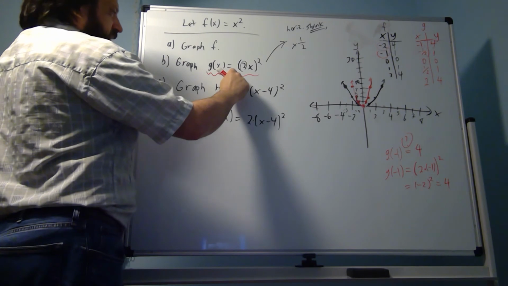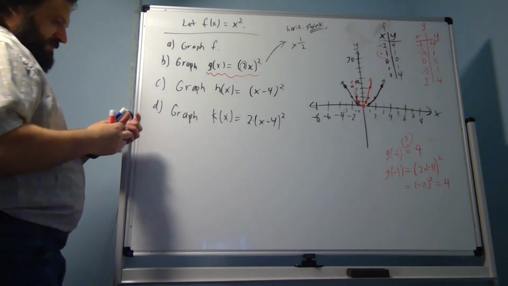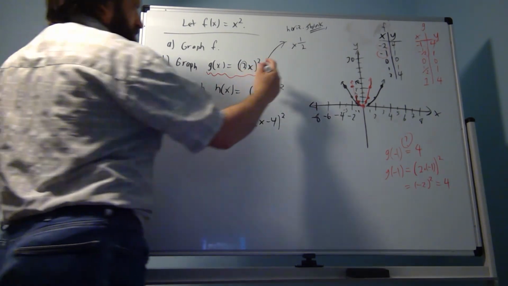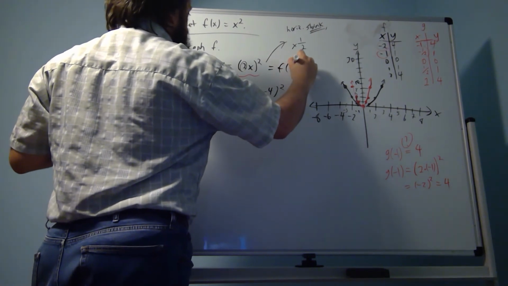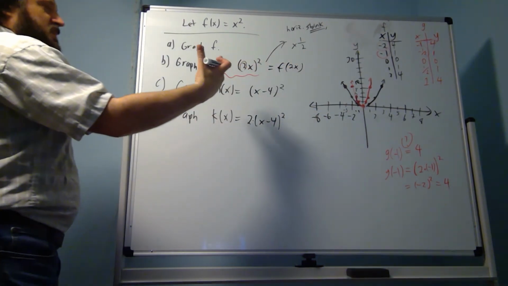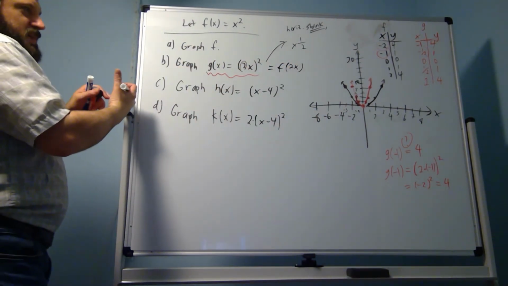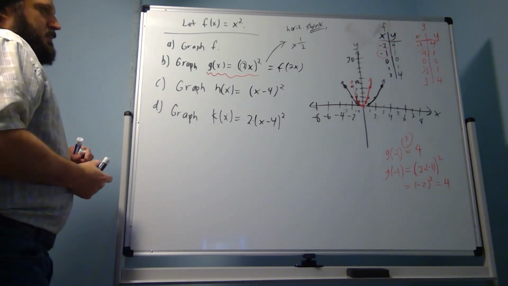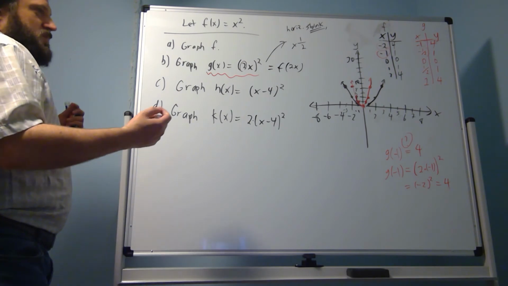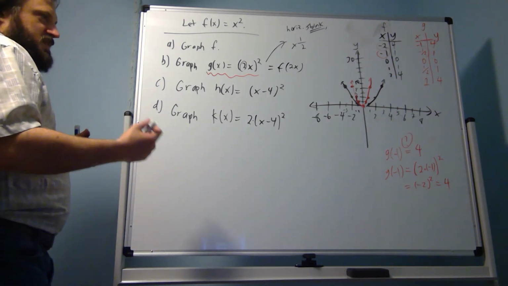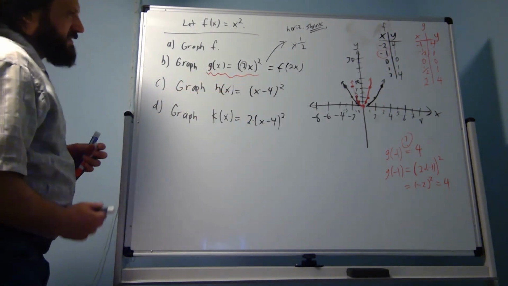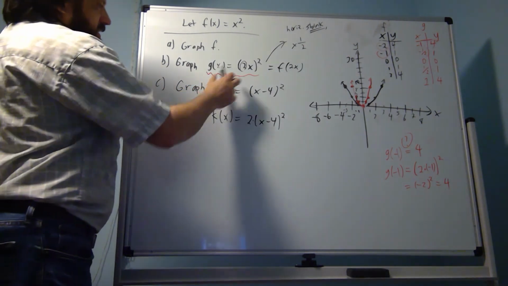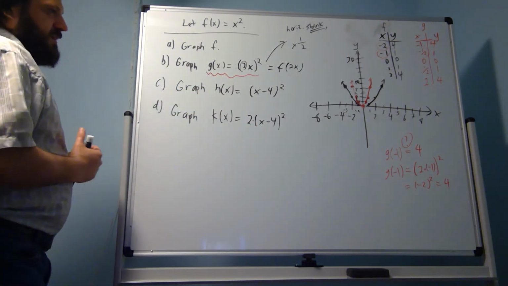So G is equal to f of 2x, then you divide the x's by 2. And that's what happens to all the ordered pairs from the original graph to give you this transformed graph that I drew in red.